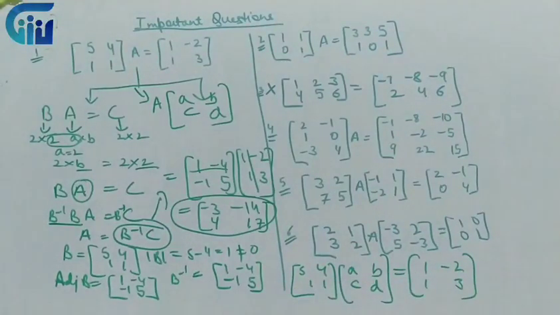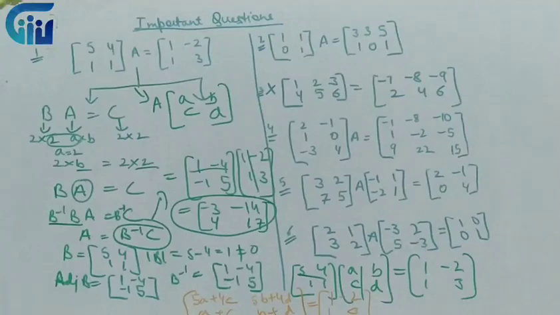And we will multiply it as we usually do, which will come out to be 5a plus 4c, then 5b plus 4d, and then a plus c, and then b plus d, and this is equal to the other matrix, which is 1, 1, minus 2, 3.